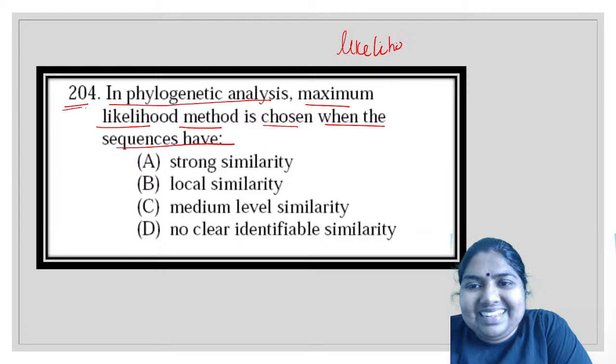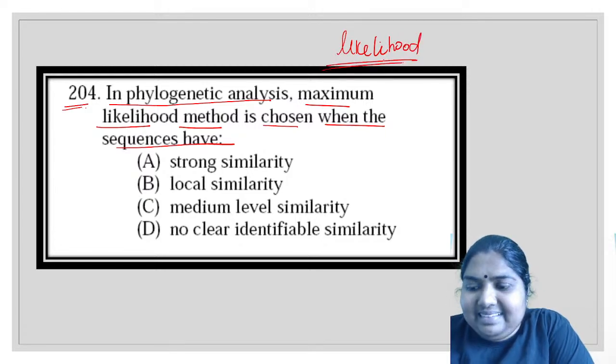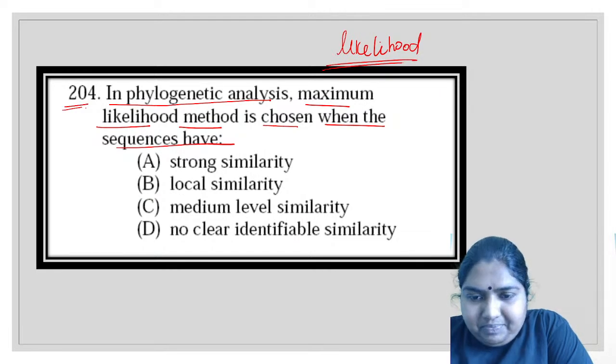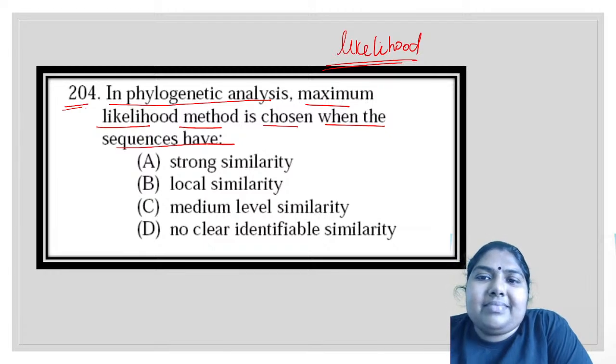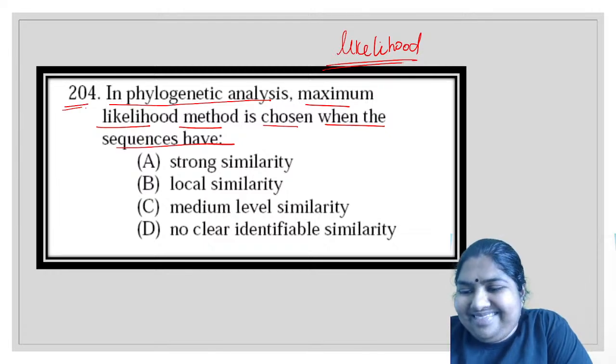Likelihood. Good hint. Think and answer. No friends, not at all.